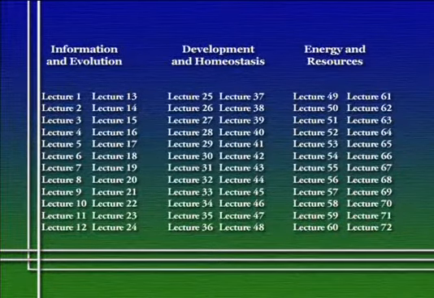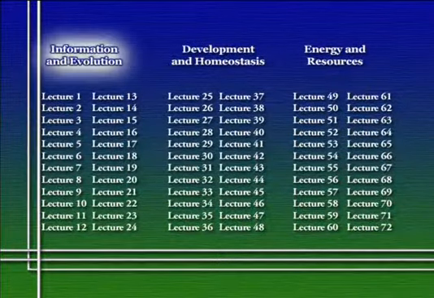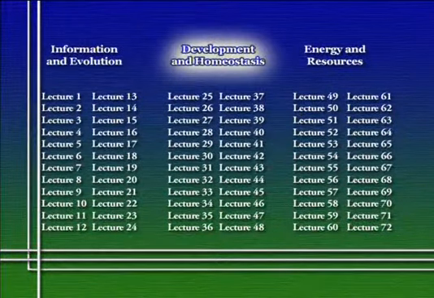The first third of the course, the part we've just completed, was centered around the theme of information and evolution. And I'll recap the highlights of that section for you in just a moment. The second segment of the course, which we're about to begin, is going to be centered on the theme of development and homeostasis.